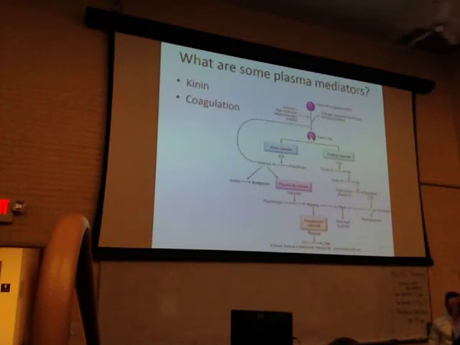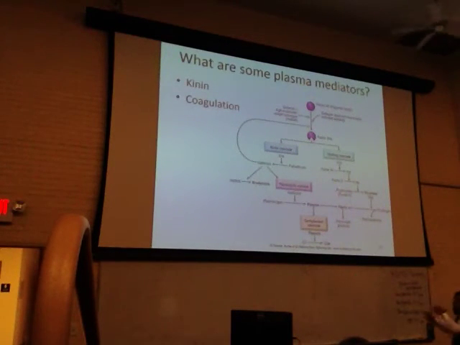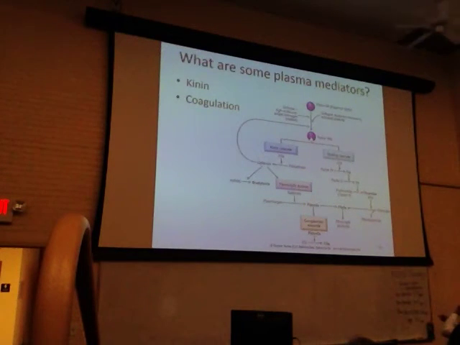Make sense? So 12a is the stimulus of taking 11 to 11a, and so on and so forth until you get down to thrombin, which is 2a, takes fibrinogen to fibrin. And this actually is what makes up the clot. So it's a cascade, that's why it's called a clotting cascade. It starts with factor 12.